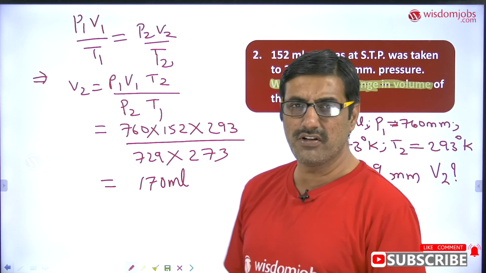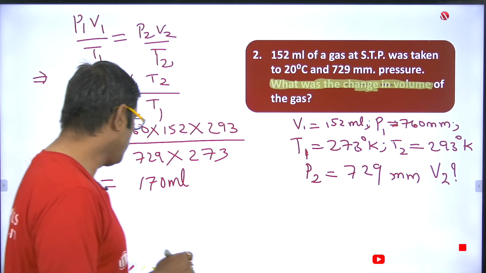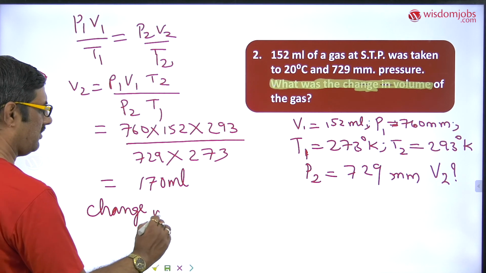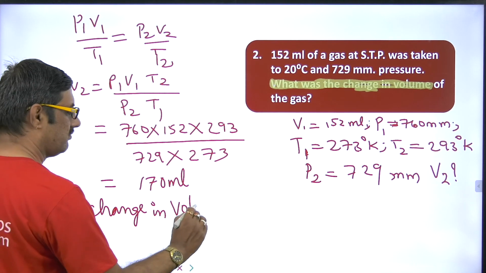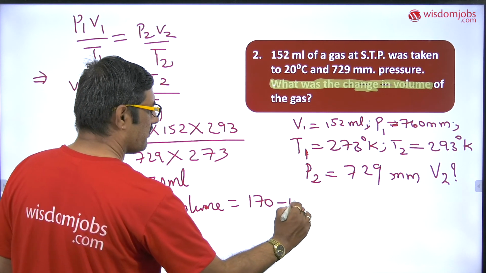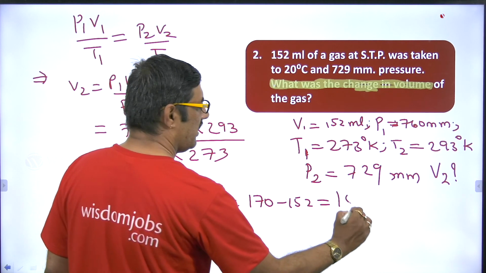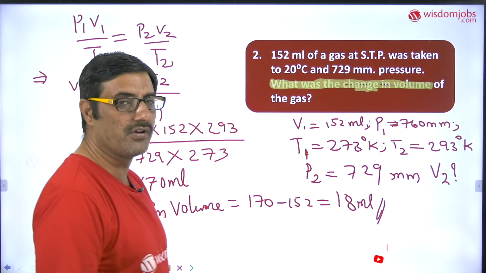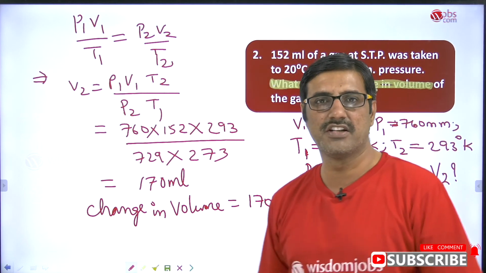So change in volume is V2 minus V1. So change in volume is equal to 170 minus 152, which is 18 ml. Okay, so this is the final answer for your required volume. Okay, a change in volume.